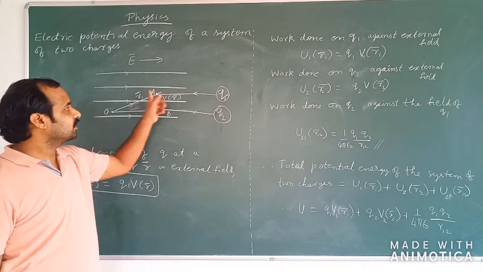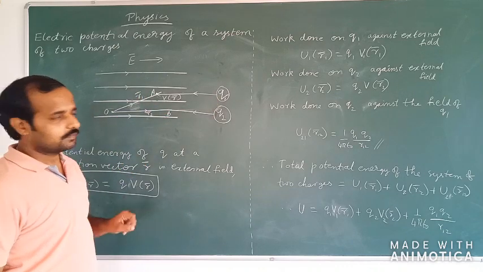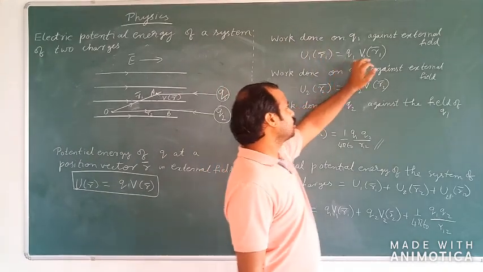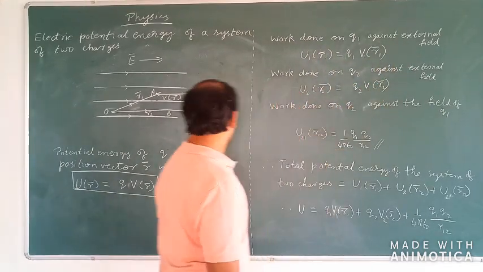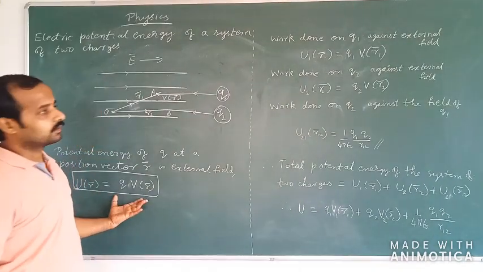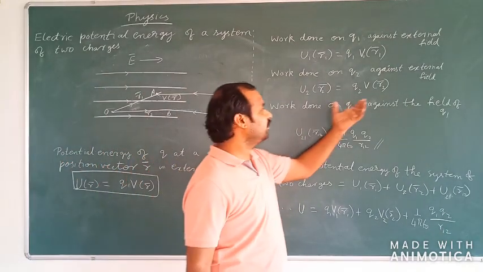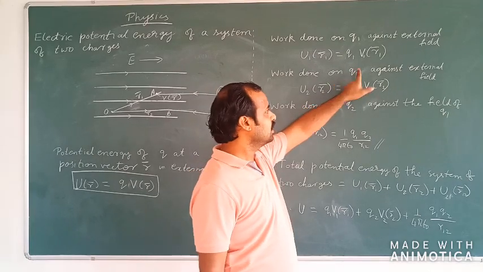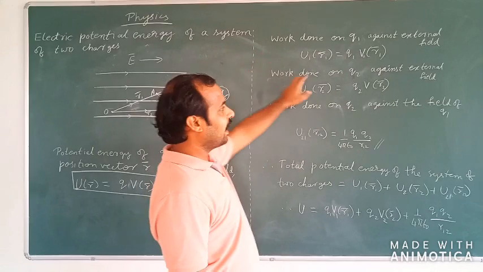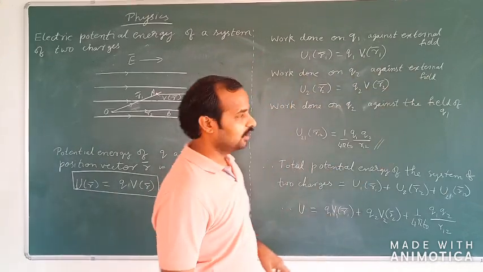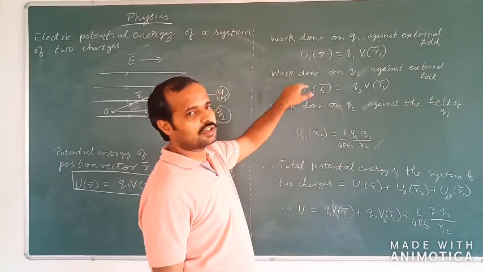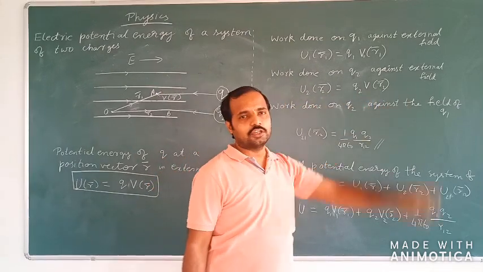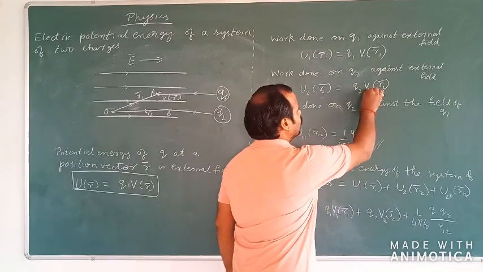Firstly we bring the Q1 charge to position A. In doing that, the potential energy stored in Q1 will be Q1 into V1 of R1 bar, as we already got. Similarly, while bringing the charge Q2 into the electric field against its direction, the potential energy or work done will be U2 of R2 bar equal to Q2 into V2 of R2 bar.